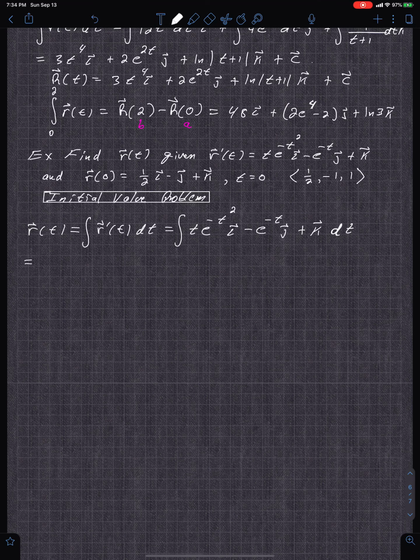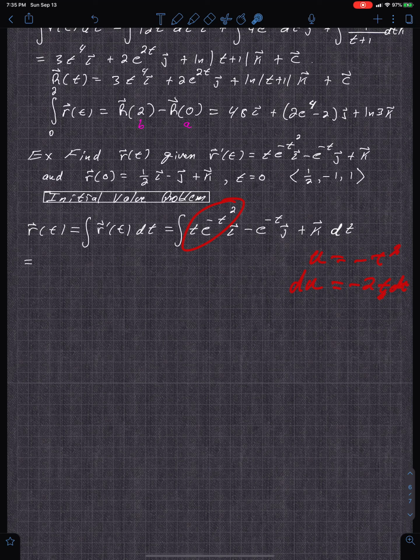Okay, so how do you do this integration? This one too, and this will just be t. You let u be negative t squared, and then du is equal to negative 2t dt.